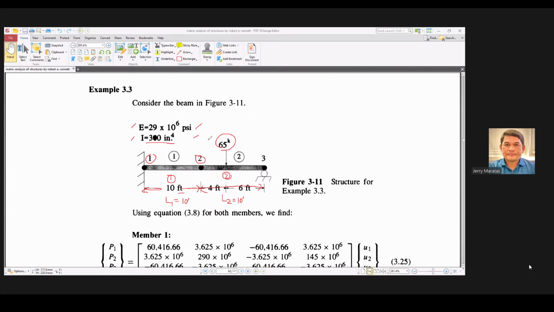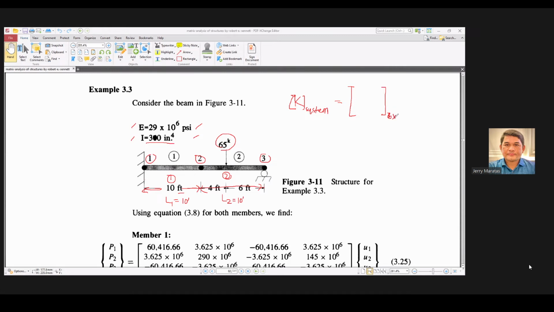So what do we expect? What is the size of our K, the system stiffness matrix, for this structure? There are 3 nodes, right? 1, 2, and this is node 3. Every node, if it's a beam, has 2 degrees of freedom. So we expect 2 degrees of freedom times 3 nodes, meaning it's 6.